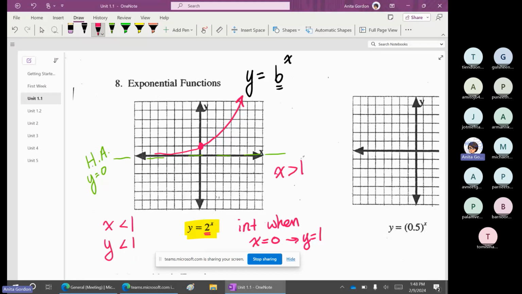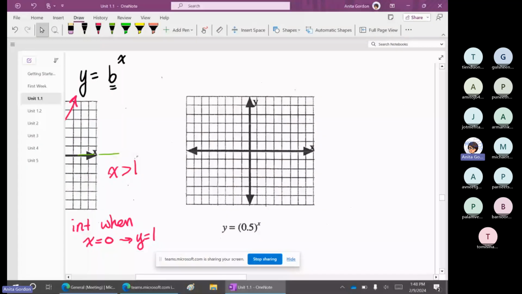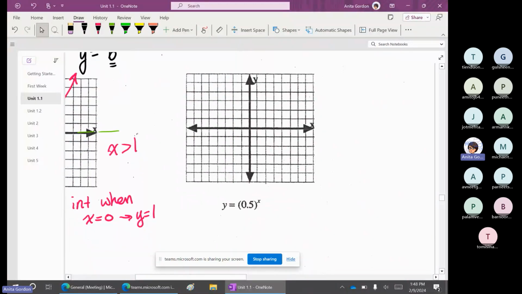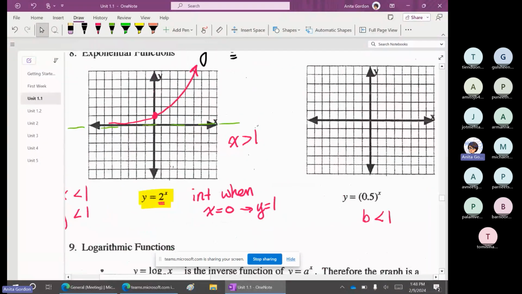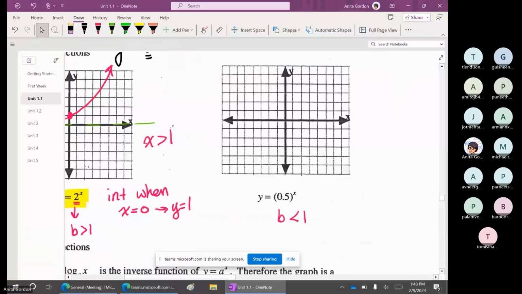Okay, now let's look at what happens when my base is smaller than 1. Here, my base was greater than 1. I have exponential growth. What happens when it's less than 1?